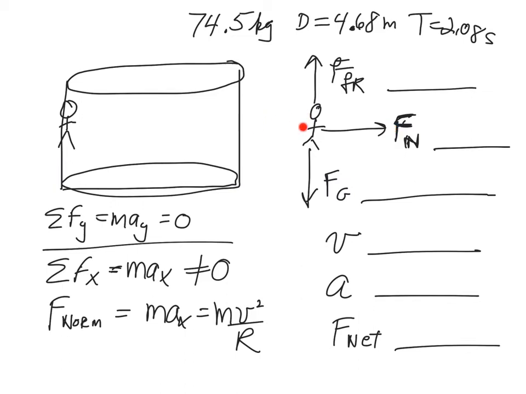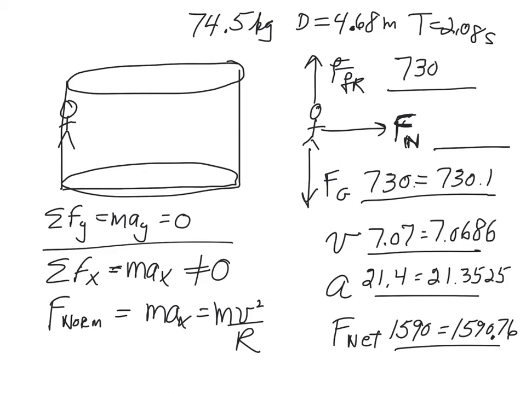There's no other force this way, right? This is accelerated motion. It is unbalanced in the x direction. There is only one force that will be equal to the mass times the acceleration, and the acceleration is v squared over r. So go ahead and fill in the 6 blanks and then come back.